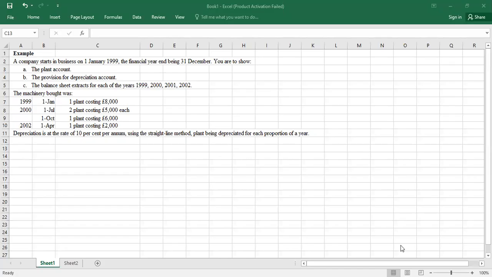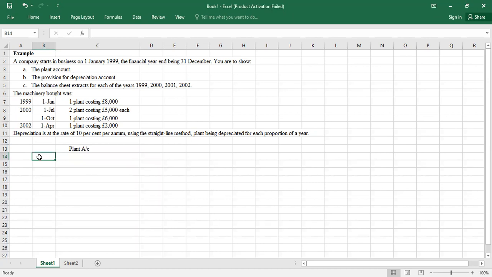So there is the question. We start with the plant account. The examiner has asked us to prepare the plant account. So plant account, I have the dates here. Details.